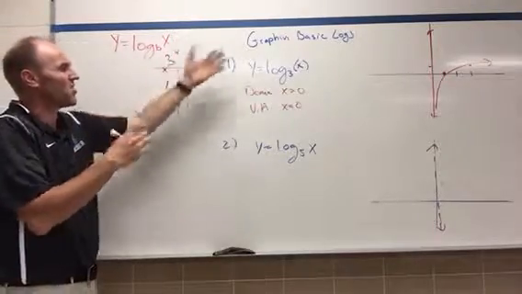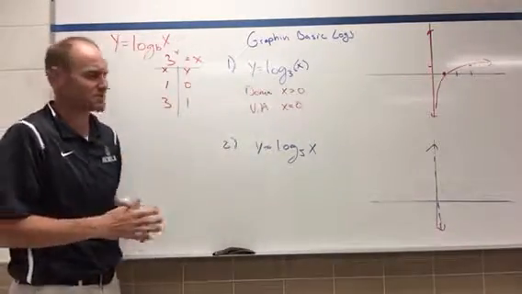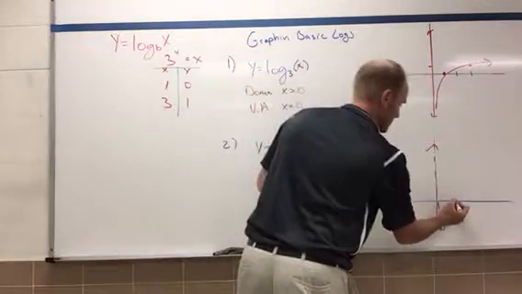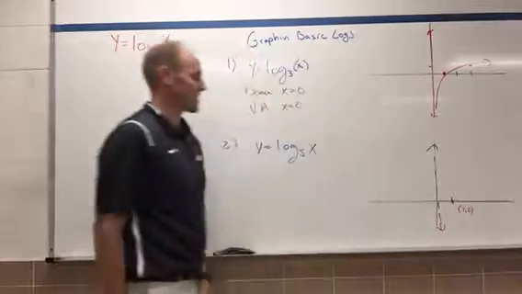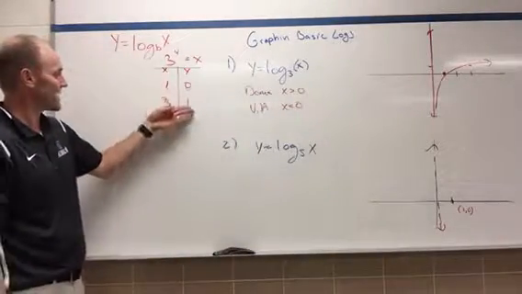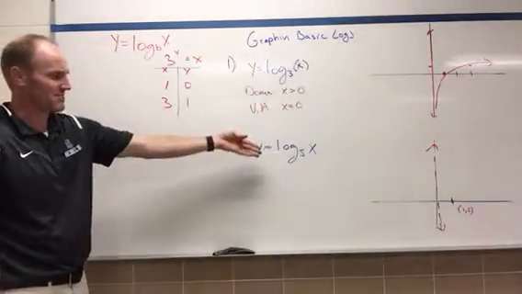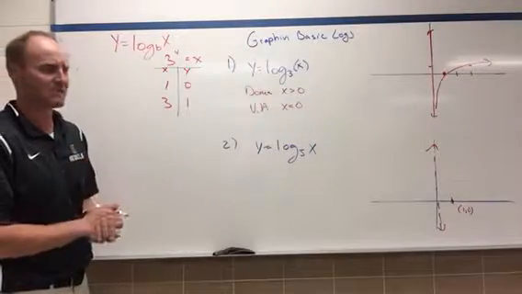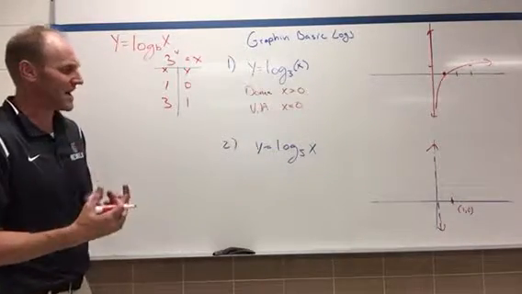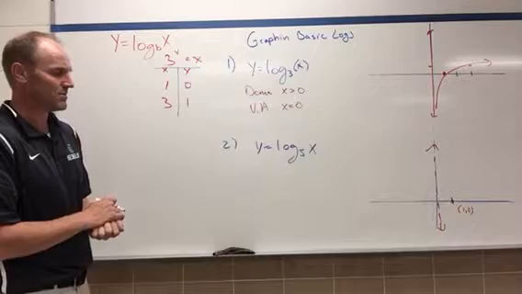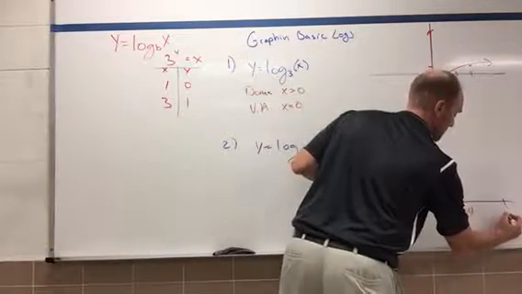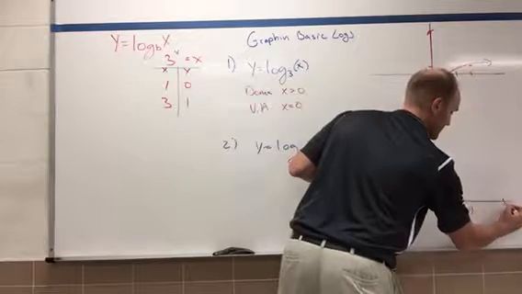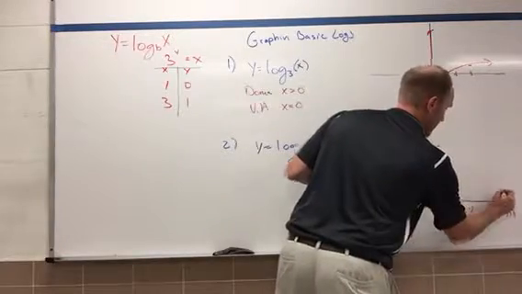So all of these basic functions where there's no transformations are going to go through the point 1, 0. And another thing I know is if I put 1 in, I'm going to get whatever that base value is. So 5 to the first power is 5. So points I can always graph are 1, 0, and I can go all the way over here to b, 1, which in this case is 5, 1.